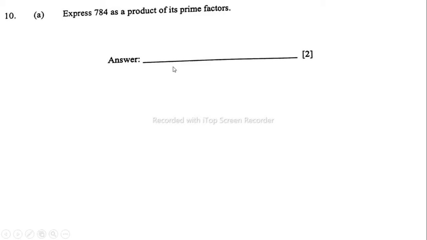So we have 784, and we want to express it as a product of primes. What's 12 plus 7? That's 18, 19. Also incorrect. 784. What could be used to divide that? 9 doesn't work. 8 works perfectly.